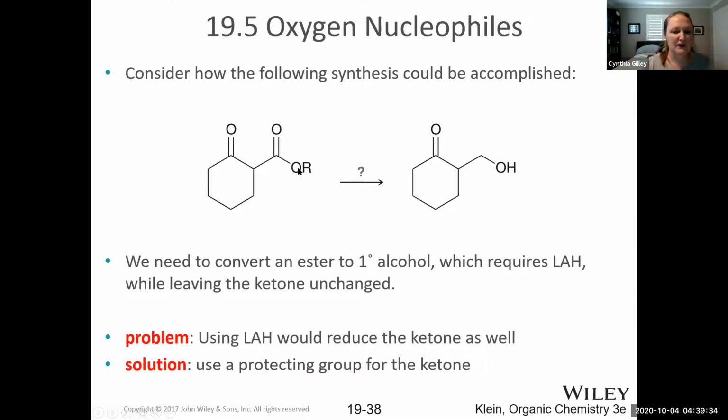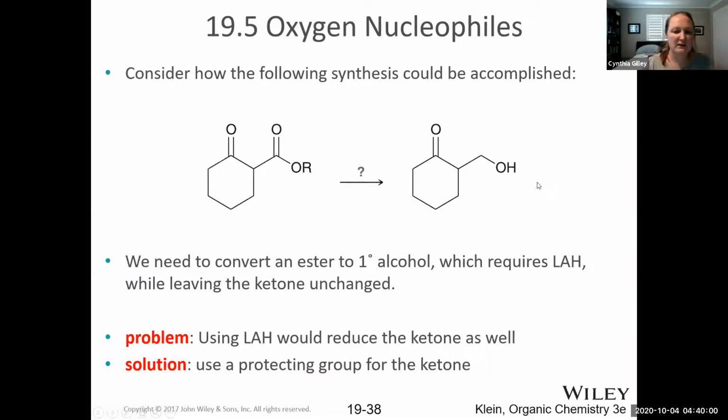That's because the oxygen is donating electron density, helping to stabilize the positive charge on the ester carbonyl carbon. So this carbonyl carbon is more stabilized than that one is. It's very difficult to reduce an ester, which is less electrophilic and less reactive, than a ketone, which is more electrophilic and more reactive.